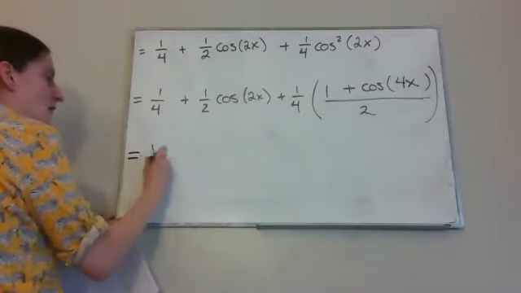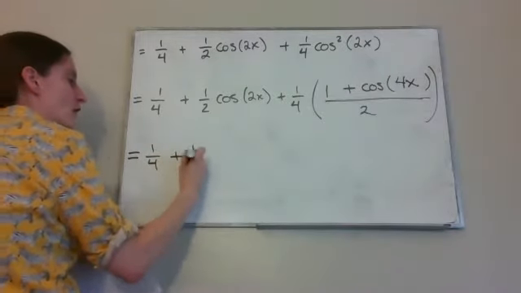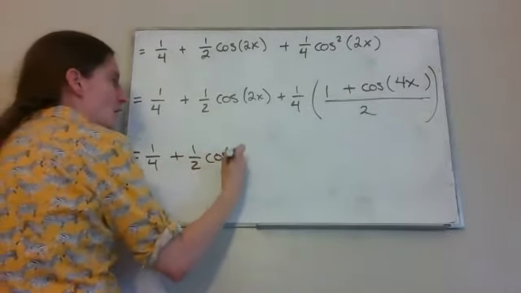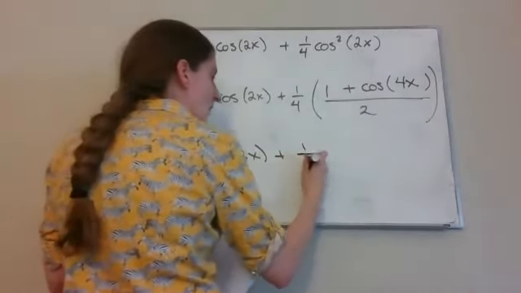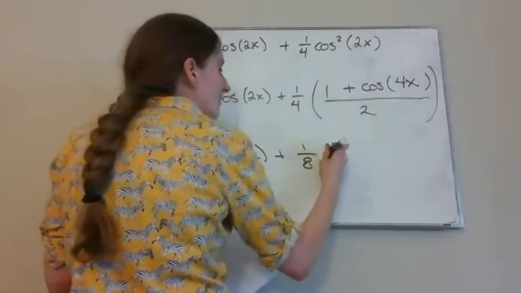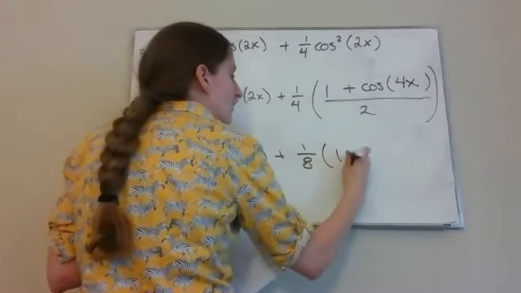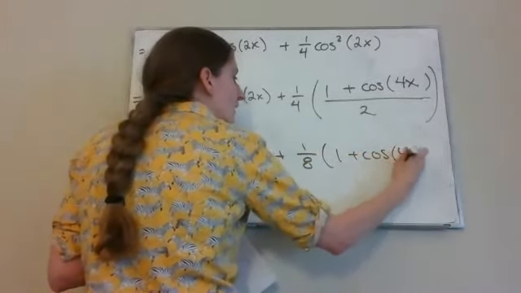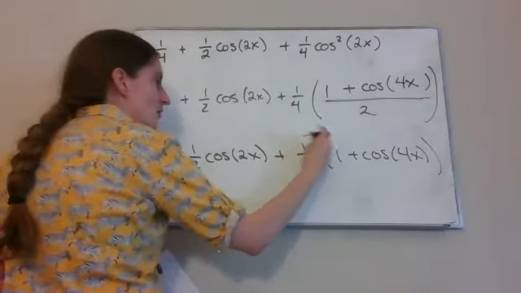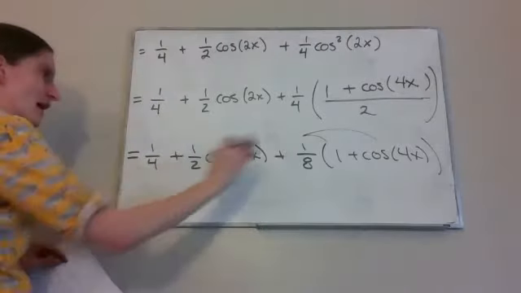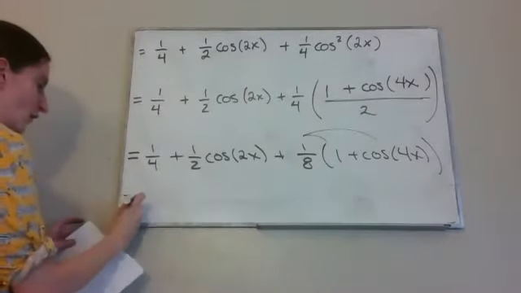So then just simplifying, I have 1/4 plus 1/2 cosine of 2x plus 1/8 times 1 plus cosine of 4x, which I can then distribute my 1/8 and combine that 1/8 with this 1/4.